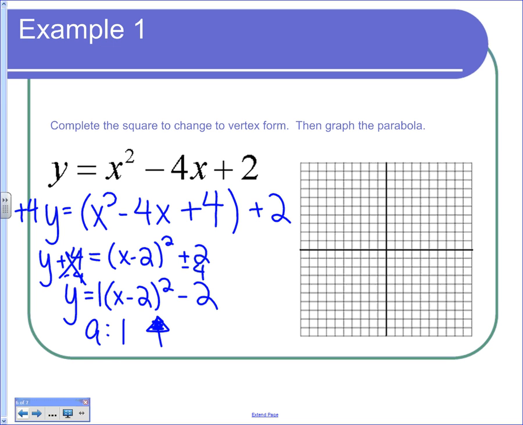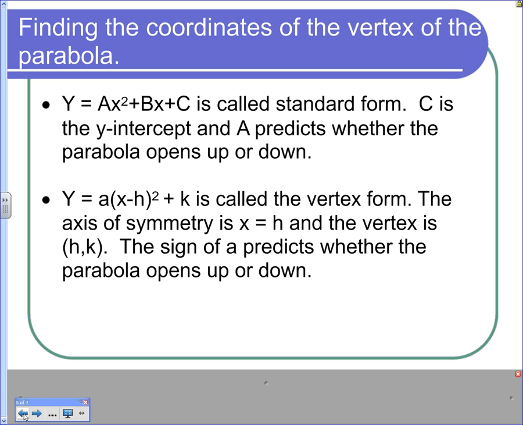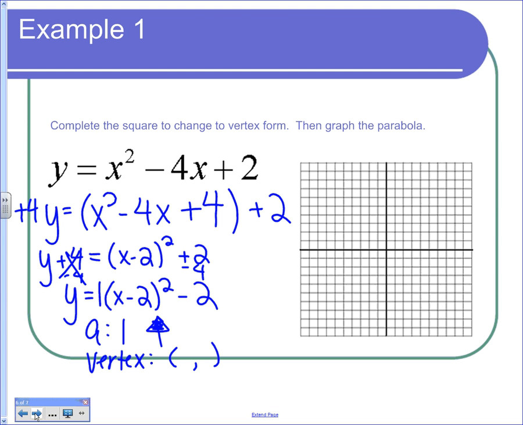Okay. What is our vertex? Well, x minus h squared, the h is my x value, right? So x minus h squared plus k. So what is my h going to be? Is it negative 2 or 2? Because x minus h.